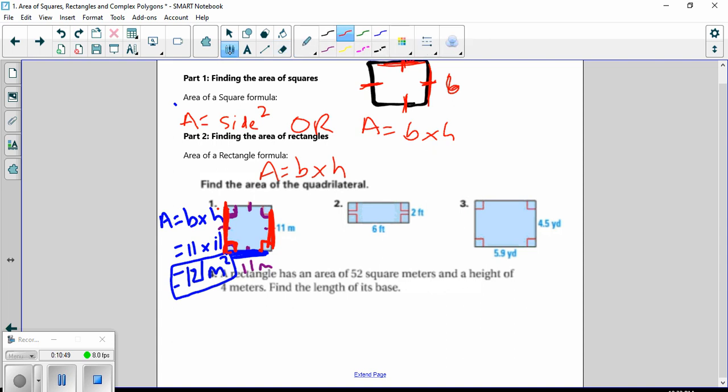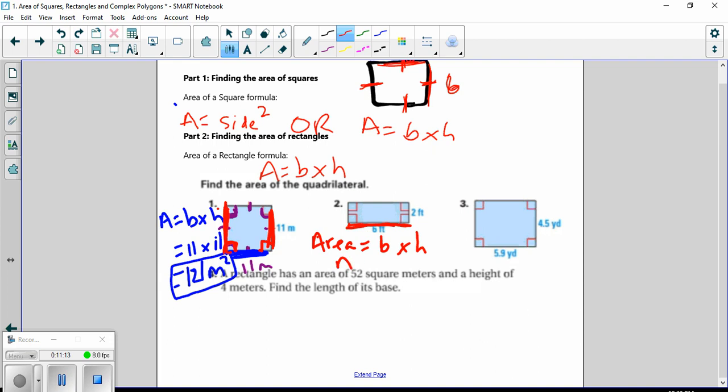So to find the area of the rectangle, we're going to say area equals base, so B, times H. So B stands for base, H stands for height. So the base here is 6.